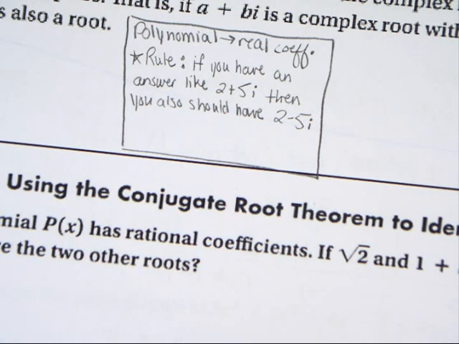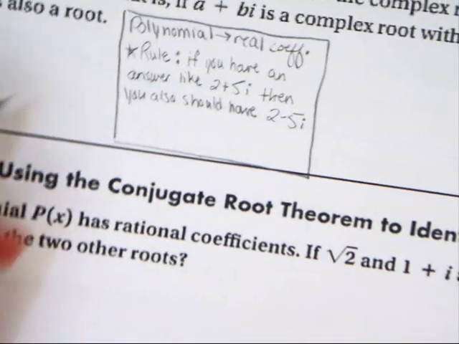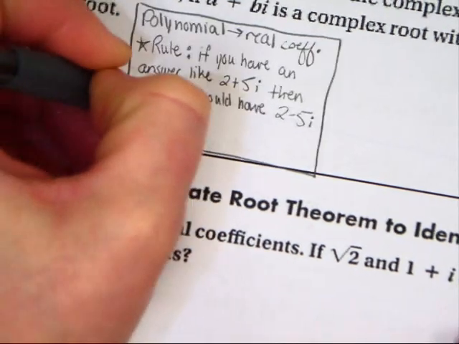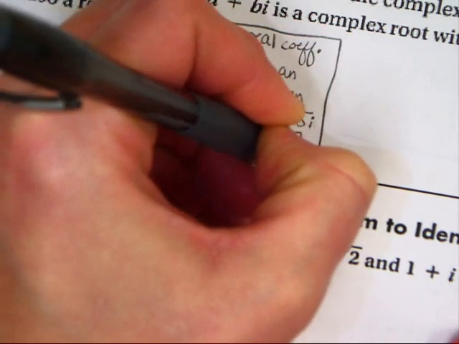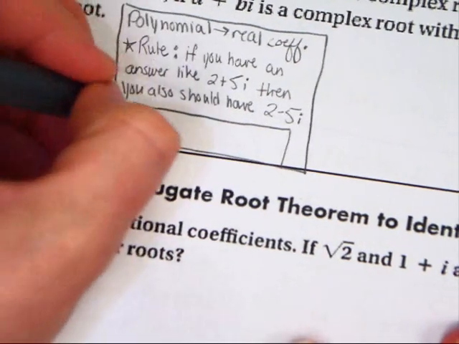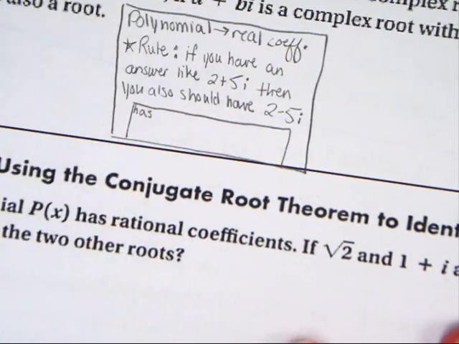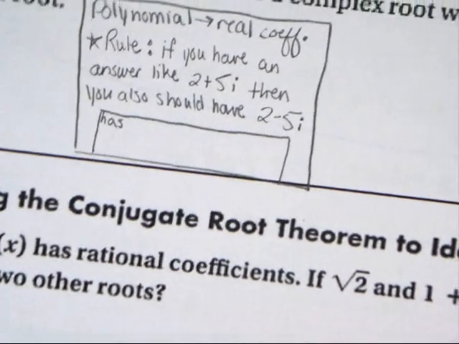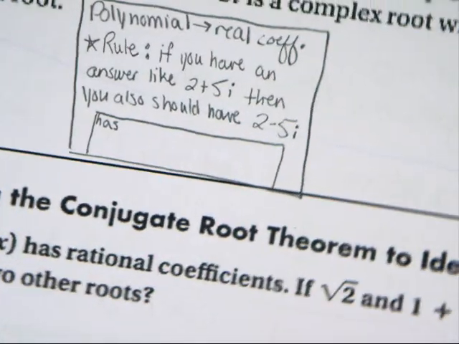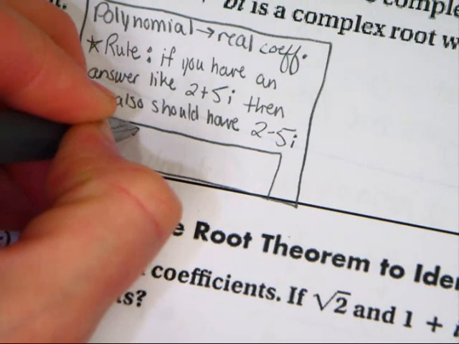In addition to if a polynomial has real coefficients, you have kind of another category in here. And that's if the polynomial has rational coefficients.